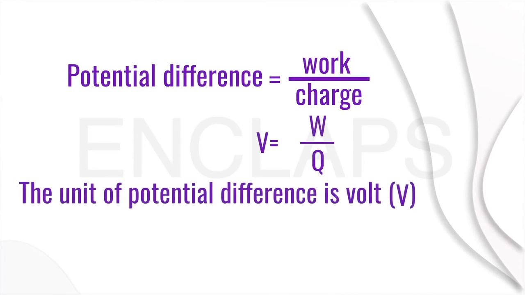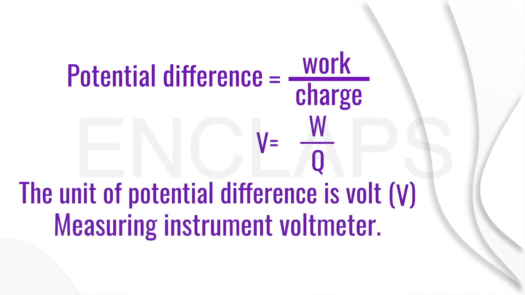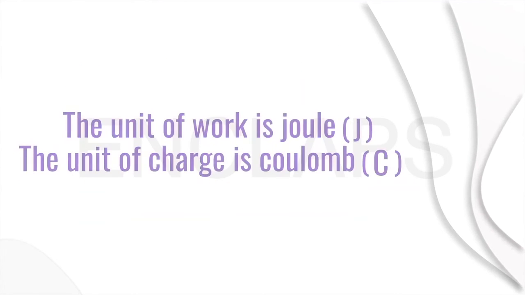The unit of potential difference is volt, measured by using a voltmeter. The unit of work done is joule and unit of charge is coulomb.